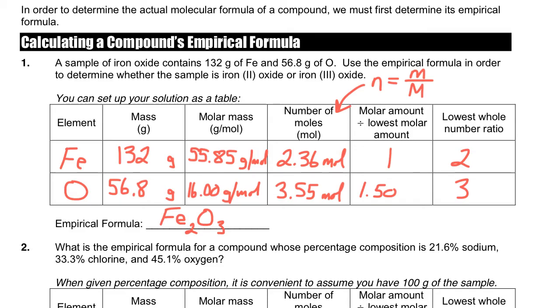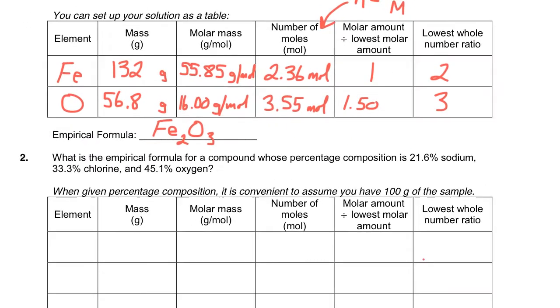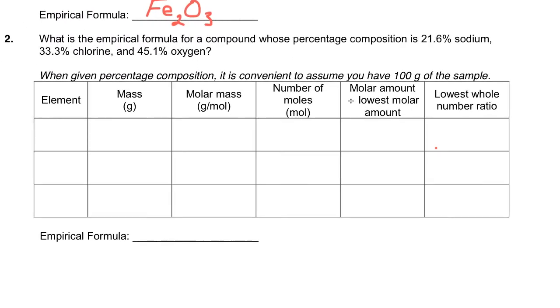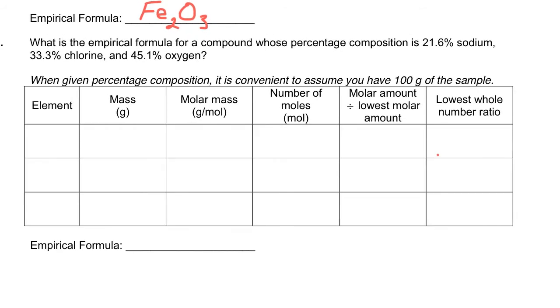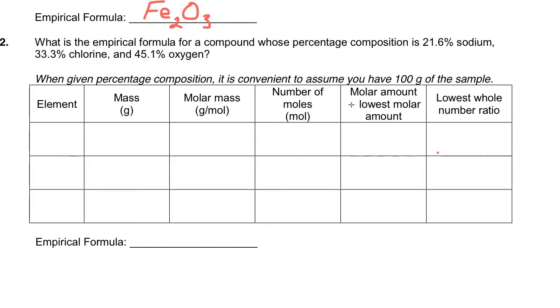My next example is pretty much doing the same thing, except we don't have mass information. Now we have a percent composition. But the process is pretty much the same. I'm going to start with listing all my elements in the sample.